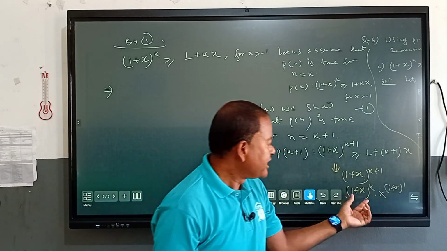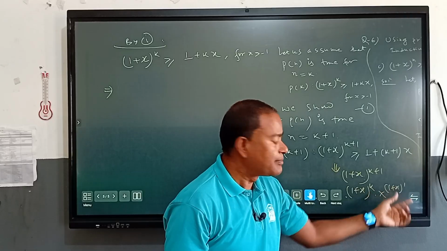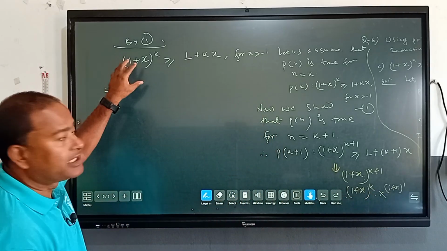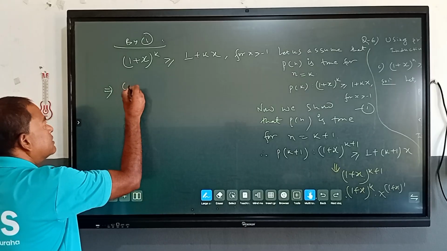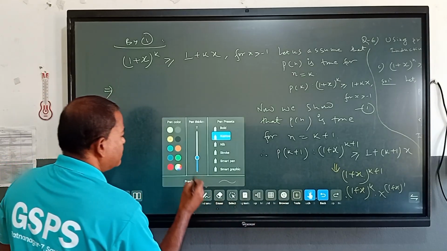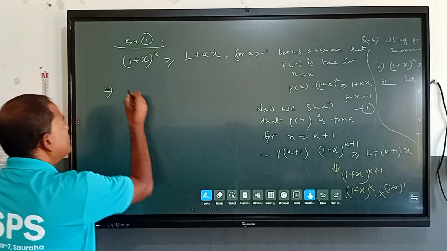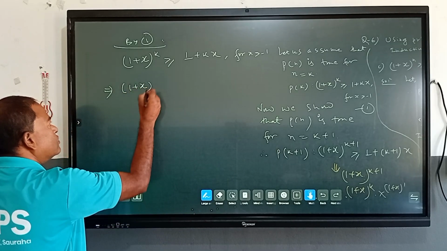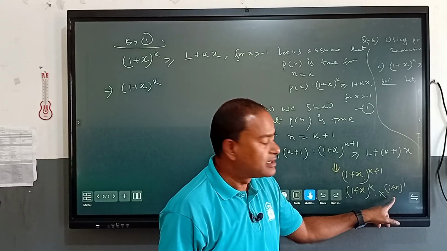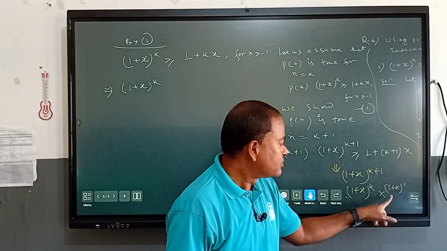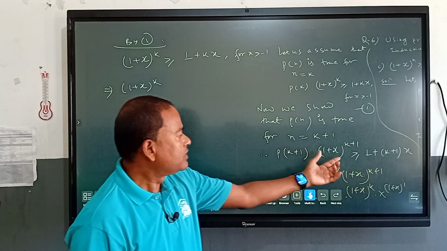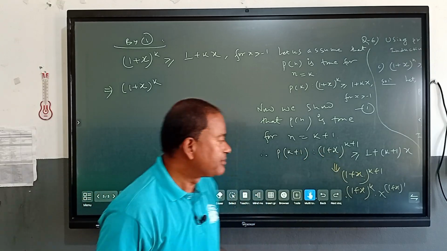That means we need (1 plus x) whole power k times (1 plus x). (1 plus x) whole power k we have already got. Now we need another term, which is (1 plus x) power 1. Then after multiplication only we'll get (1 plus x) whole power k plus 1.